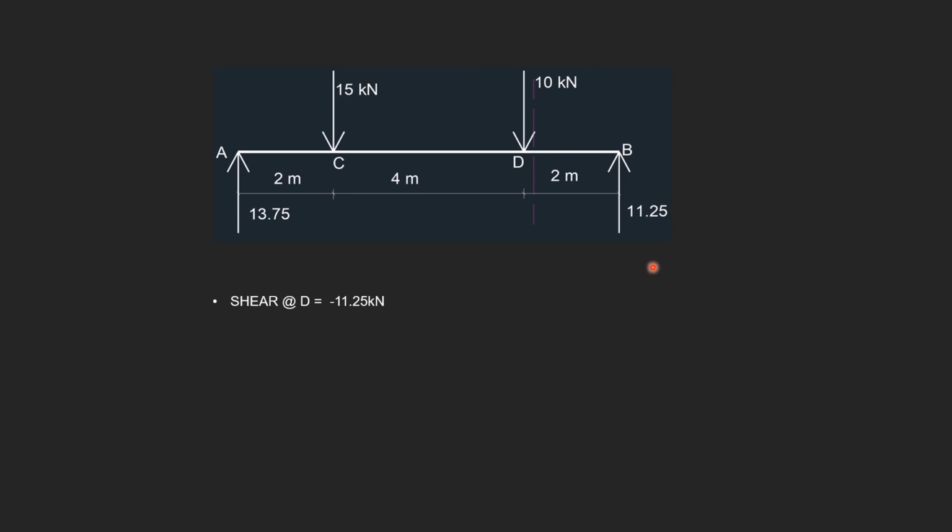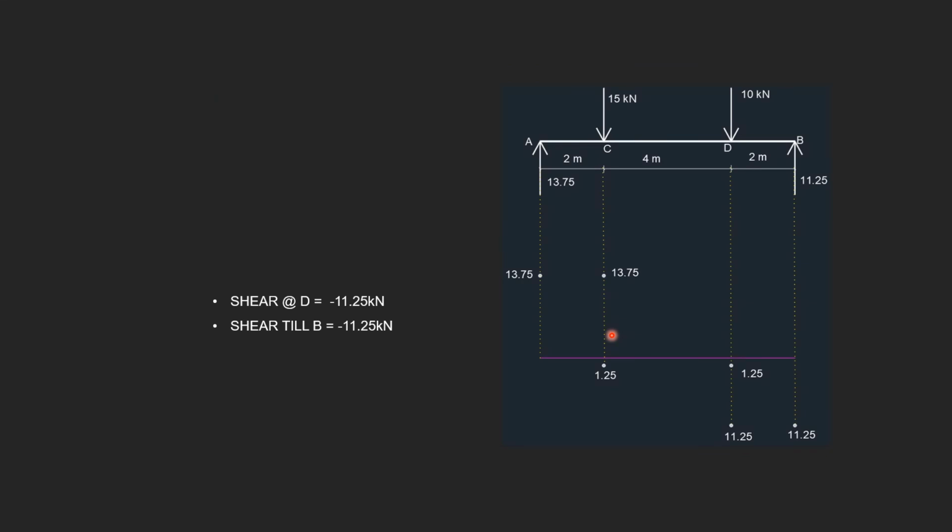So shear at D will be equal to minus 11.25, and from D to B we don't have any other force, so the shear will be constant as minus 11.25 till the point B. Let's mark these also in the shear force diagram. See, these are the two new points we have marked.